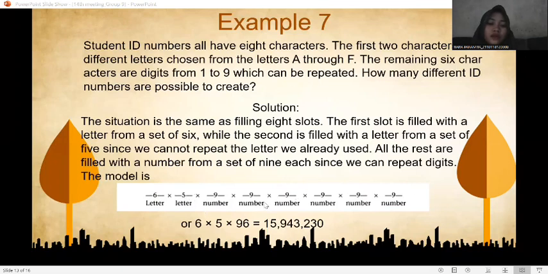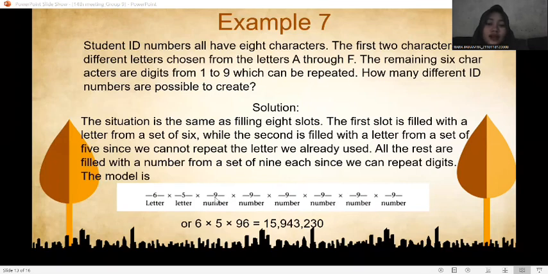Here is 3, 4, 5, 6, 7, 8, digits from 1 to 9, which can be repeated.